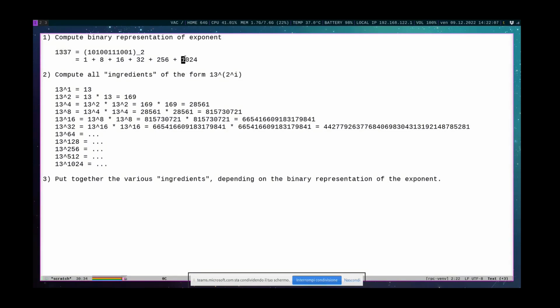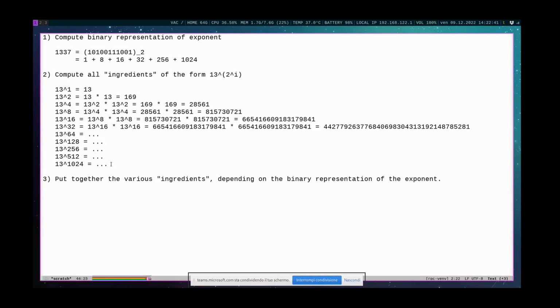In this case, the highest value is 1024. You don't go further, because you don't need that. You already exceeded the number you want to represent. At this point, you have all these values that you computed. They are not that many. The numbers are huge, but if you just count them, they are 1, 2, 3, 4, 5, 6, 7, 8, 9, 10. They are 10 multiplications you did.